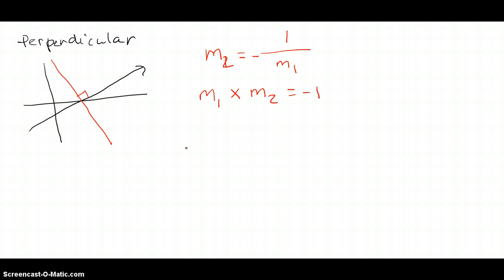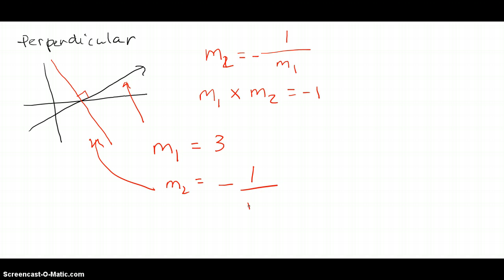Okay, so for example, if I have a line where the gradient for this line is equal to, let's say, 3, and I want to find out what the gradient of this line is. So this gradient is m2. So what I would do is I would plug it into the formula. So step 1, plug it into the formula.